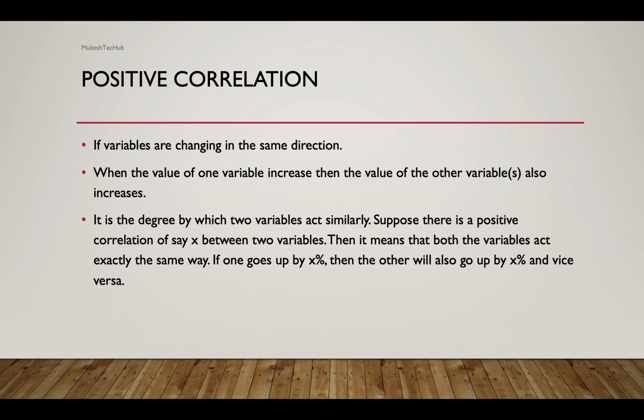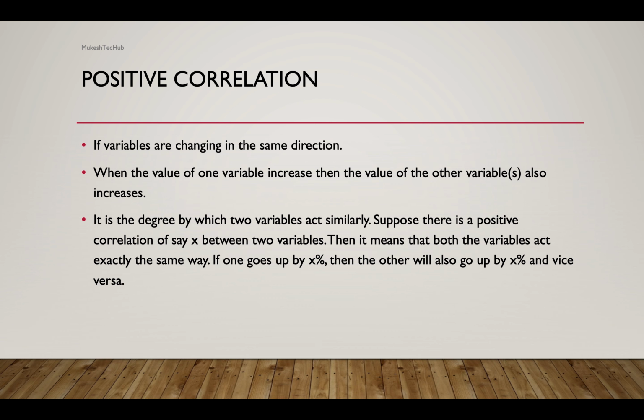When the value of one variable increases, the value of the other variable also increases. If we see this type of behavior, then easily we can say this is positive correlation. Or I can say it is the degree by which two variables act similarly. Suppose there is a positive correlation of x between the two variables.